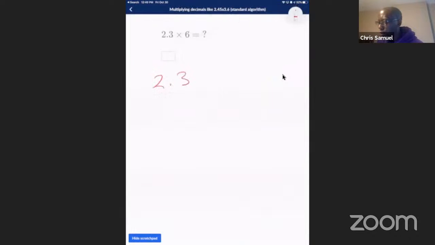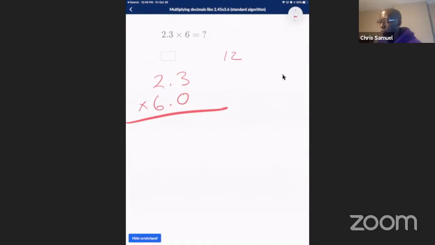All right, so we have here 2.3 times 6.0. So to make sure I remember that, we know that 6 times 2 is 12. So then we know that 6 times 2.3 has to be greater than 12.